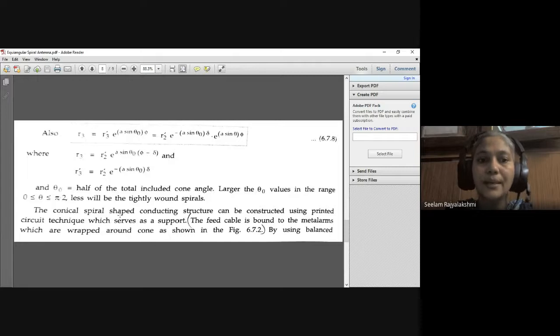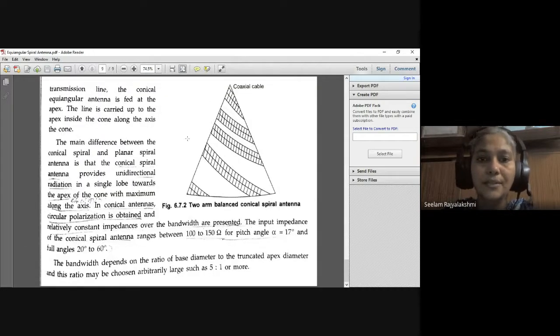A conical spiral shaped conducting structure can be constructed using the printed circuit technique, which serves as a support. The feed cable is wound to the metal arms which are wrapped around the cone. So now let us see, this is a two arm balanced conical spiral antenna. This is the apex, and here this is the coaxial cable.